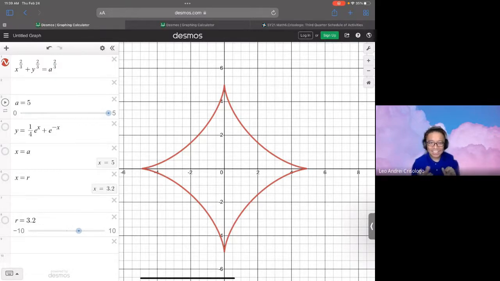It's nice and neat, 6 times a, where a is the distance from the center of the, how do we refer to this? Concave square? Of the concave square? Yung distance from the center to the vertex, one of the vertices, is a, 6 times nun yung magiging perimeter niya.